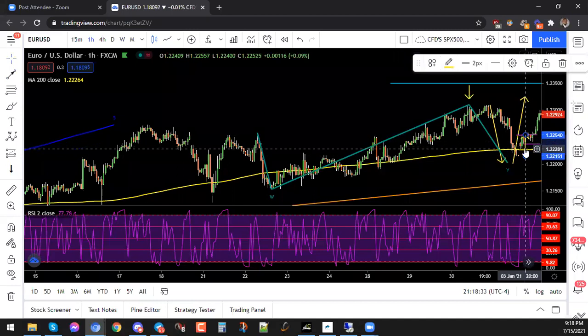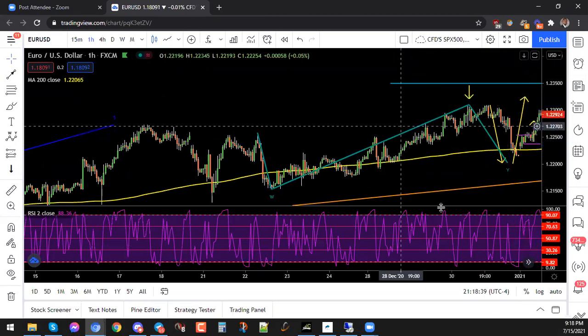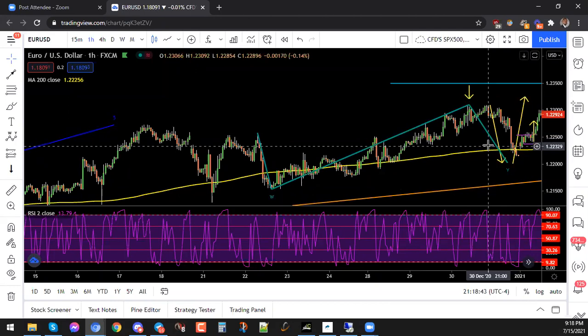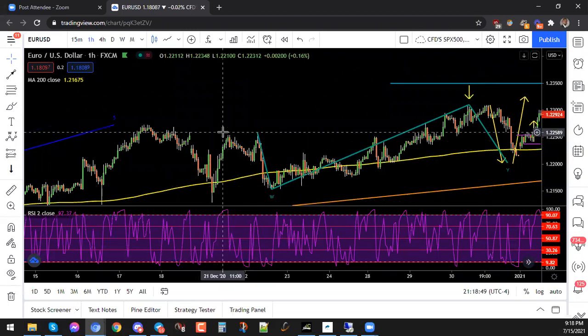I have gone through market geometry with many of you guys. So here you go. We use market geometry to give us an idea of the potential distance the price can go.